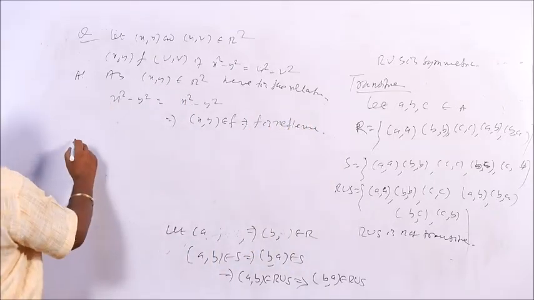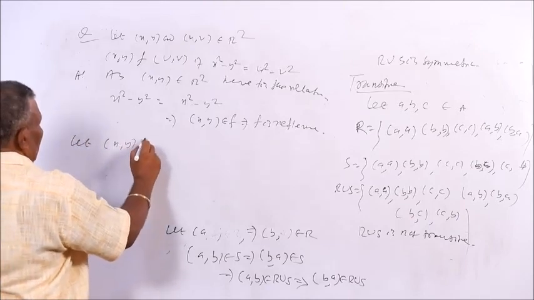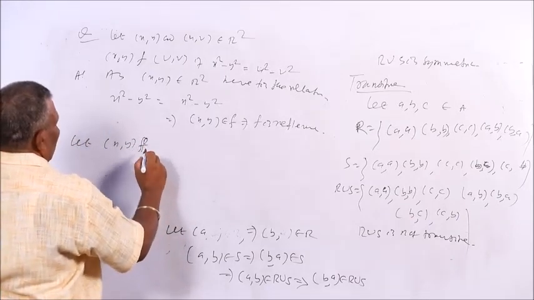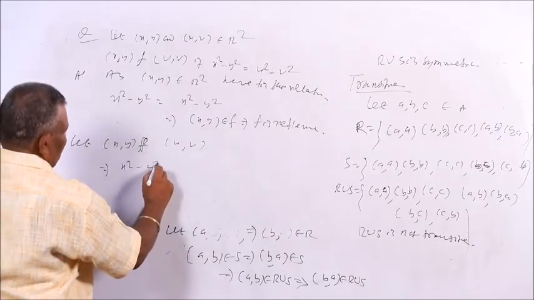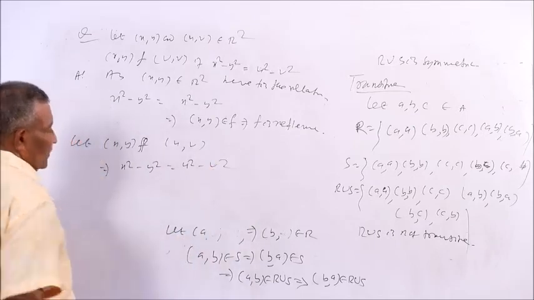For symmetric, let (x, y) be related to (u, v), that is x square minus y square equals u square minus v square.